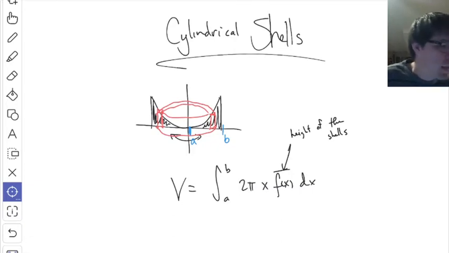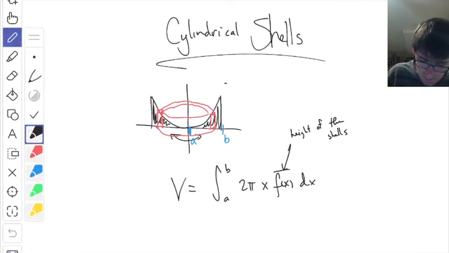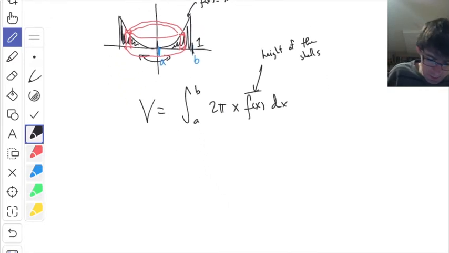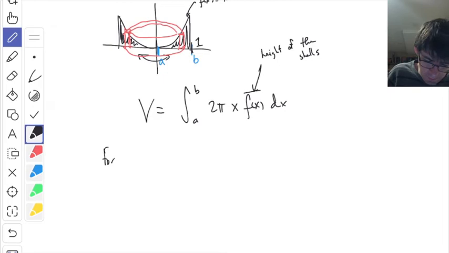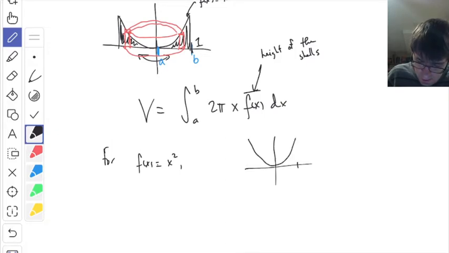All right, let's try some examples. So this example that I just drew right there, let's say this function was f of x equal x squared, and I went on the picture from 0 to 1 here. So in this example, for f of x equal x squared, I'm just going to draw it again, going over to 1 like this.